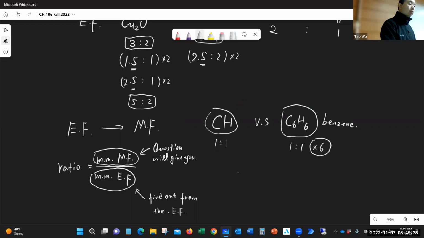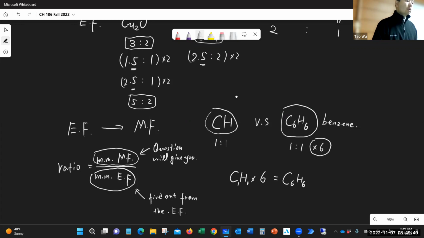You know the empirical formula is CH, and the ratio is 6. Then you times 6, so it is C6H6, because 1 times 6 is 6 and the other 1 times 6 is another 6. So you get the molecular formula.